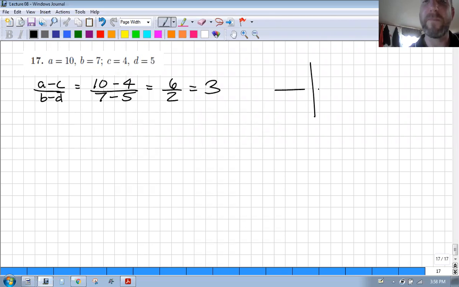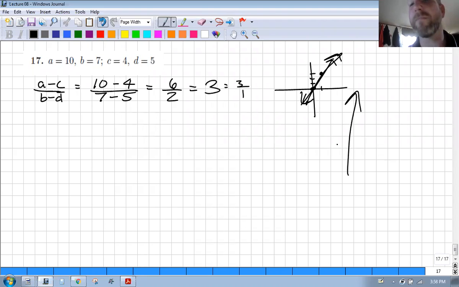So that means if this is a point on your graph, you go up 1, 2, 3 and go to the right 1. So your line would look like that, because this is the same thing as 3 over 1. Your slope is 3. That's what a slope of 3 looks like. The slope of -3 would go down like that. A slope of 100 would be like that. A slope of like 0.25 would just barely be uphill.